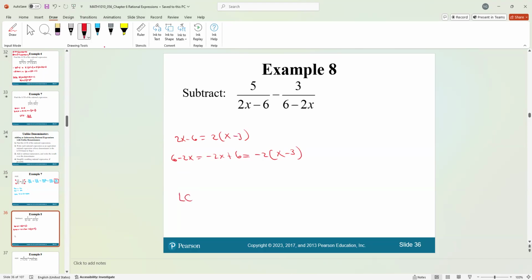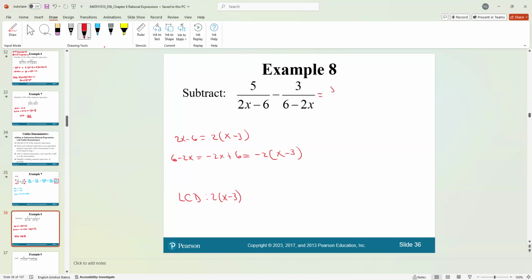Now, what would be the LCD? You see the LCD is only 2 times x minus 3, meaning there is nothing to change.